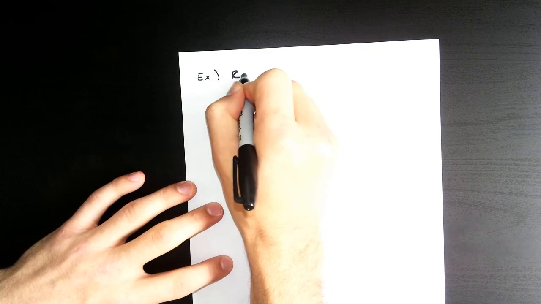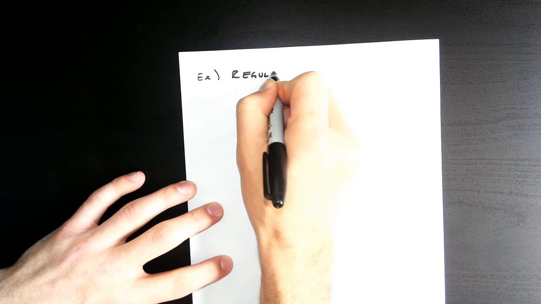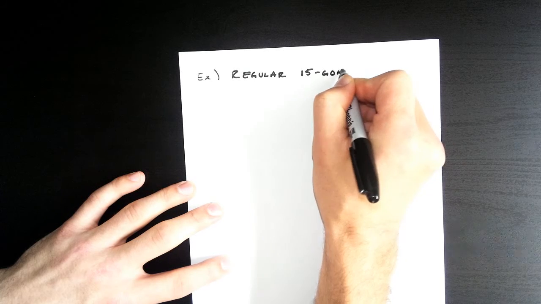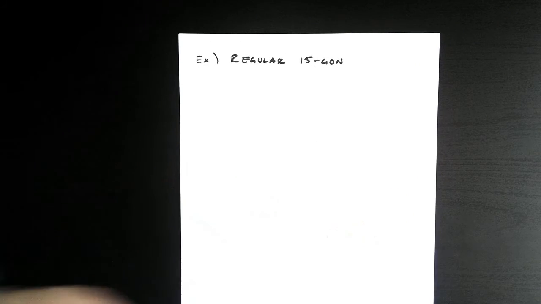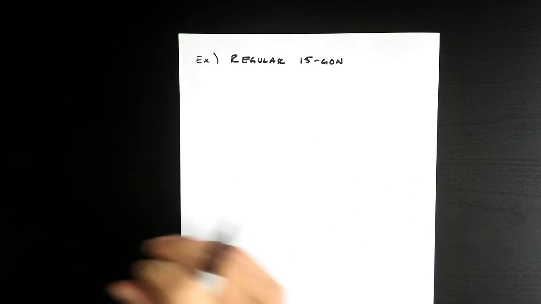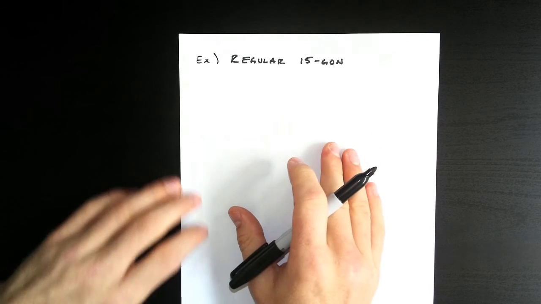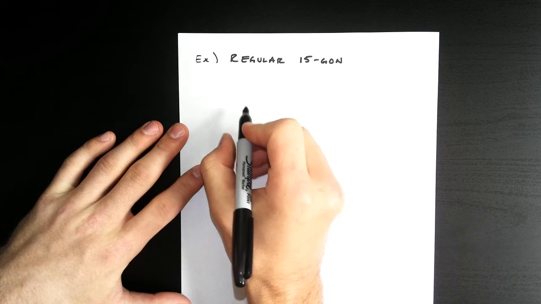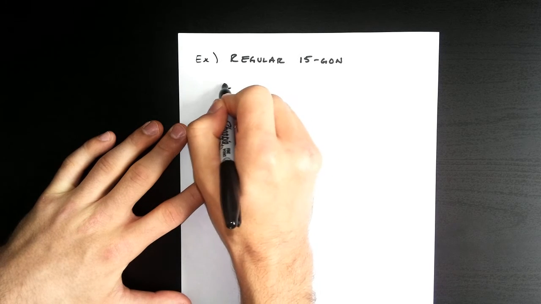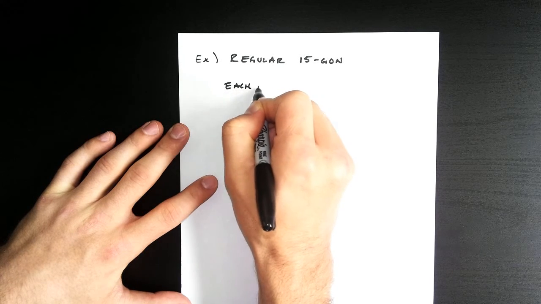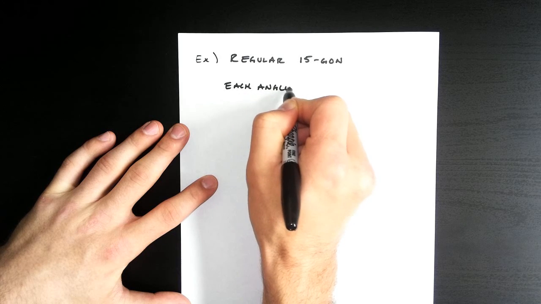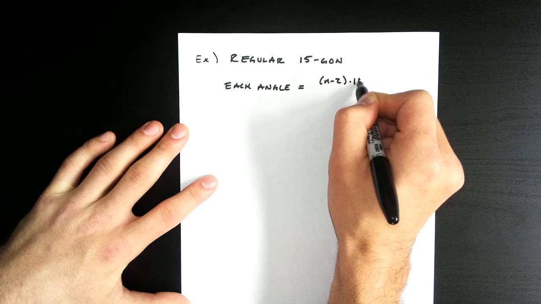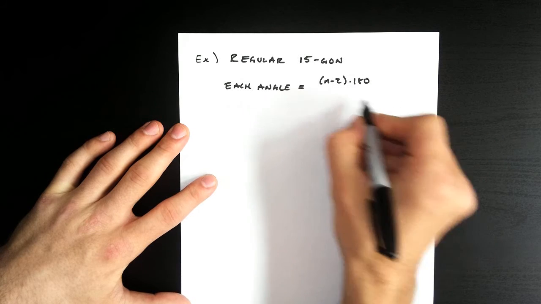a regular 15-gon. So this is a polygon with 15 sides. We know it's regular, so we know all the angles are the same. So if I want to figure out how big each angle is, n minus 2 times 180 will give us the sum.